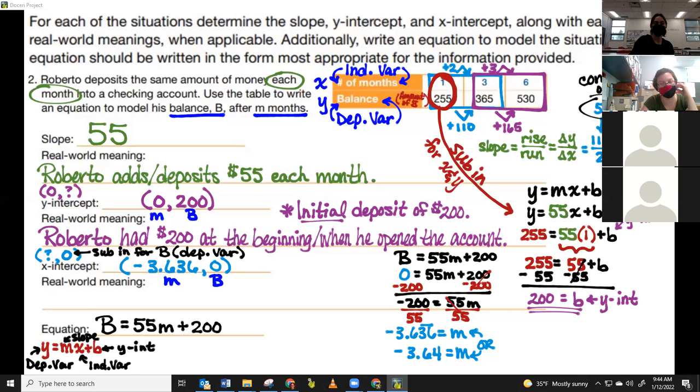Would it make sense to have negative months here? Not really. This is one of those situations where the real world meaning kind of breaks down. So at negative 3.64 months, he had $0 in his account.